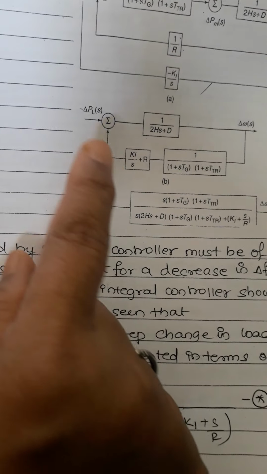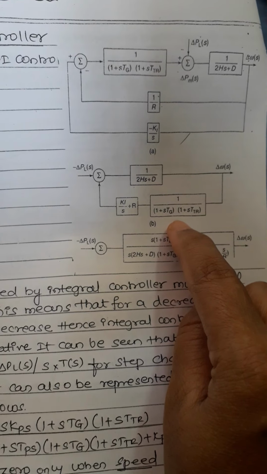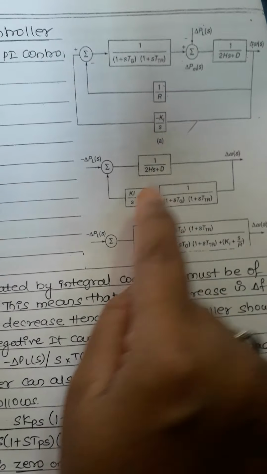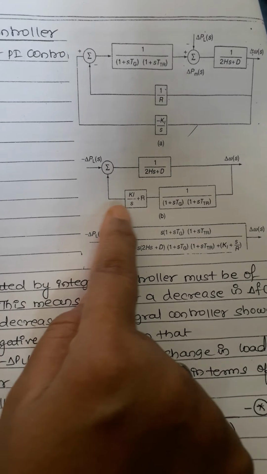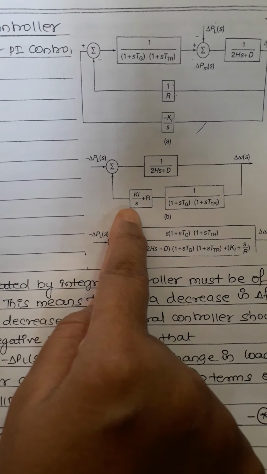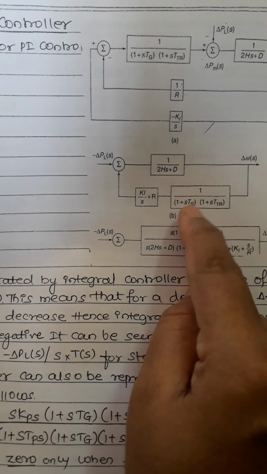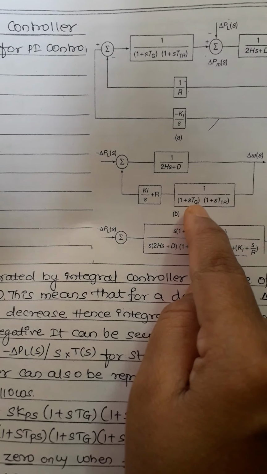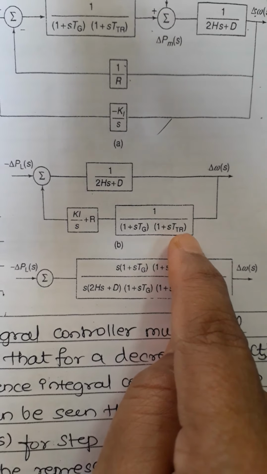Now these are the signal generators. Again, the same block diagram is reduced to this form. A combination of these two gives 1 upon 2Hs plus D, and the feedback is Ki upon S plus R, and 1 upon 1 plus sTG, 1 upon 1 plus sTR.